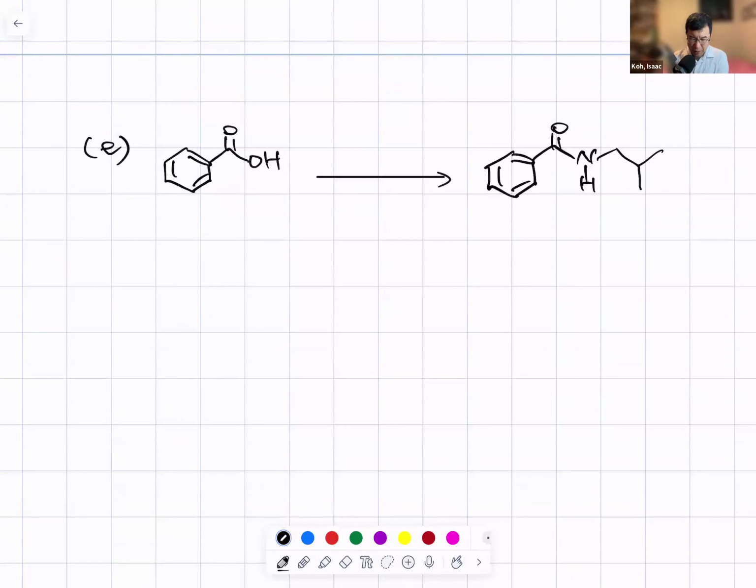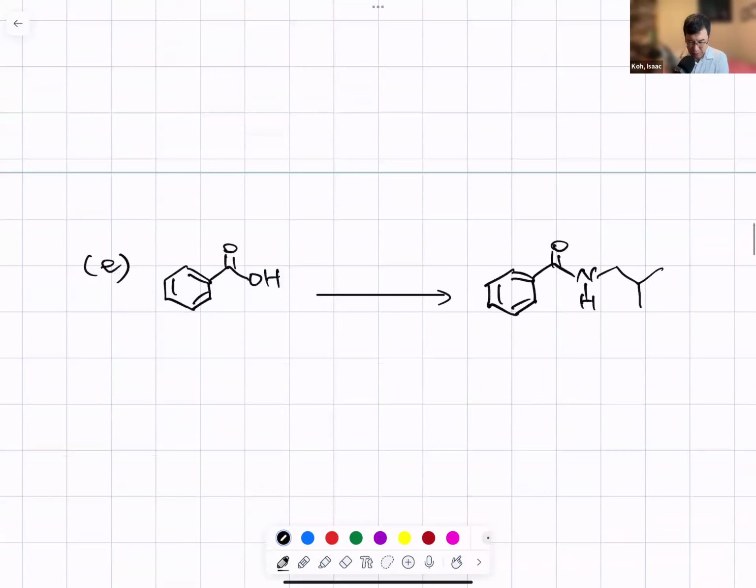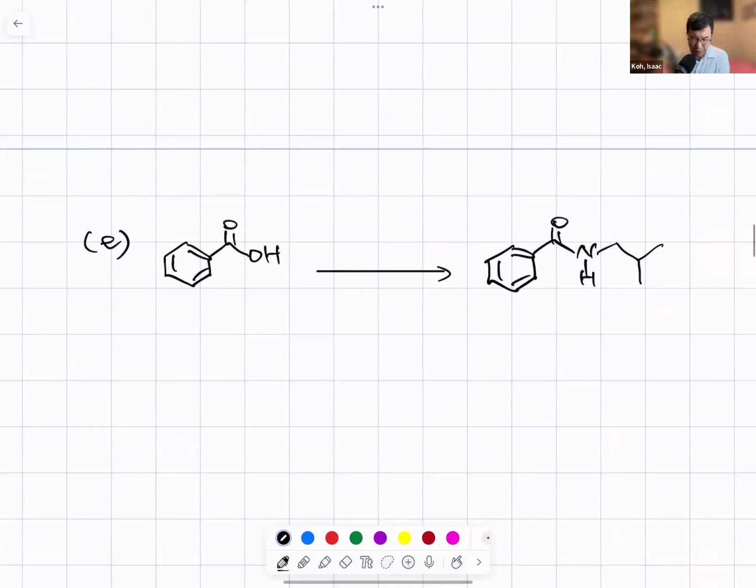And again, going back here, amide into carboxylic acid. Then what about carboxylic acid into amide? Remember, this one has an acidic proton right there. When you have an acidic proton, we cannot use this nitrogen nucleophile, because a nitrogen nucleophile is also basic.